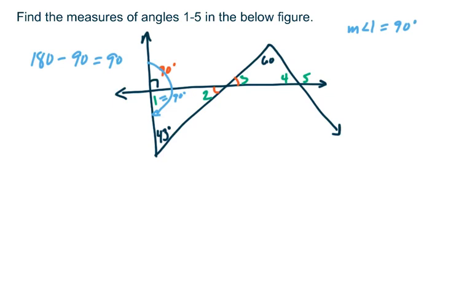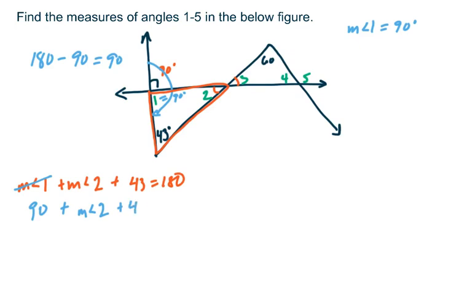And then I'm going to say, wait a minute, I noticed something here. Here's a triangle. So I know the measure of angle 1 plus the measure of angle 2 plus 43 has to be 180 degrees. Well, we just found that the measure of angle 1 is 90 degrees. I'll just leave this measure of angle 2, and we'll keep working through this with the equation.